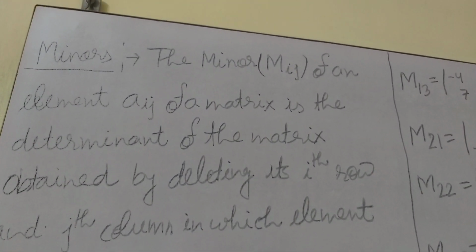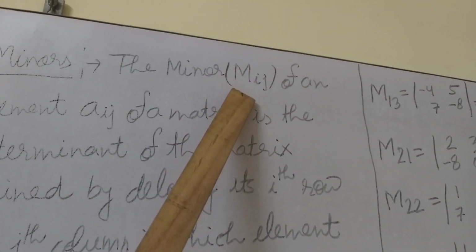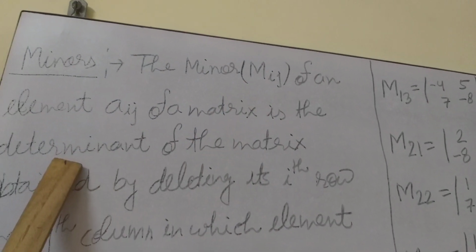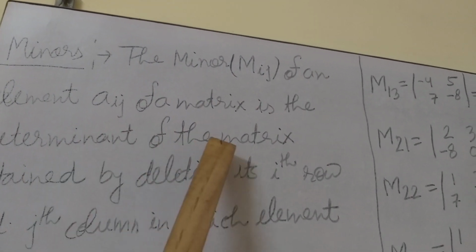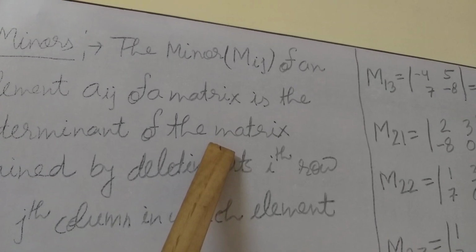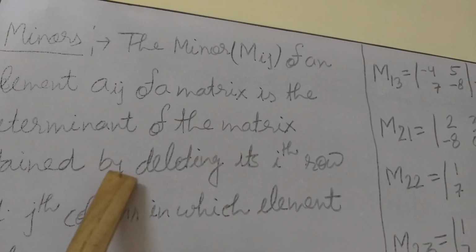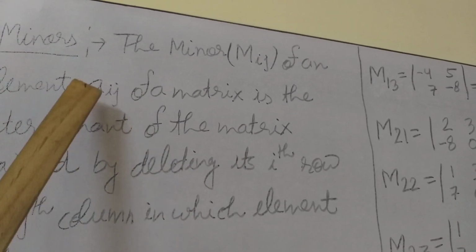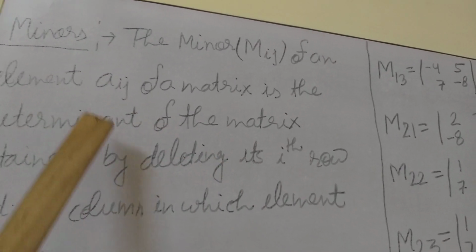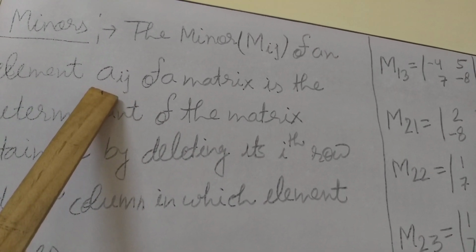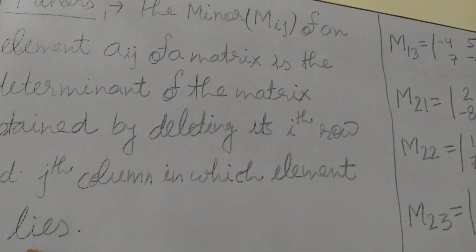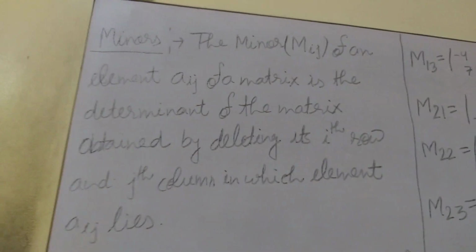Okay, students, the minor is the determinant of the matrix obtained by deleting the row and column of the element in which it lies. Okay, students, this is the minor.